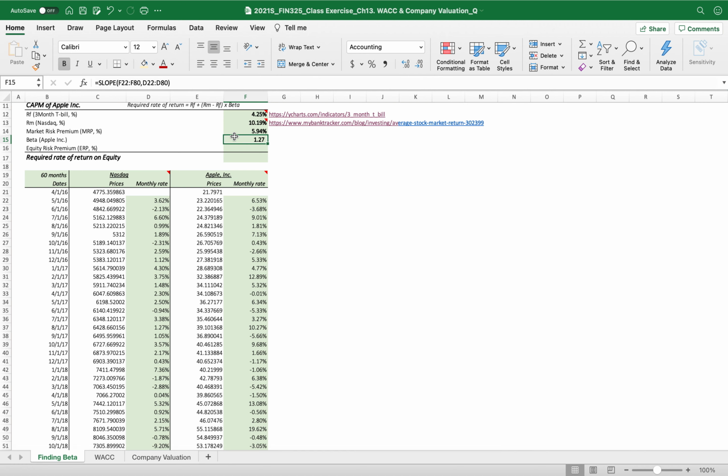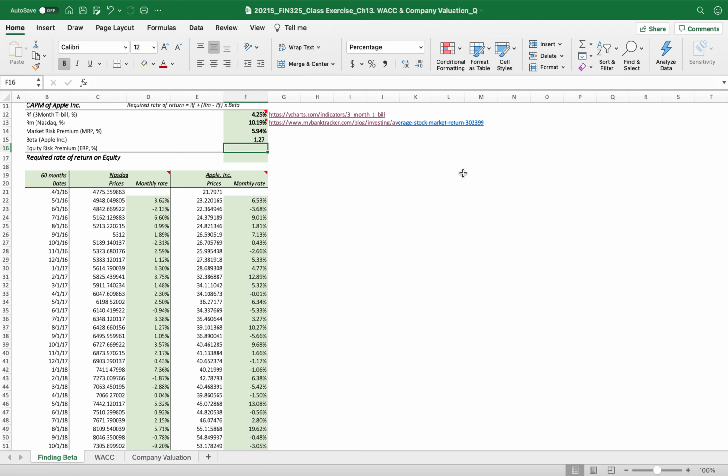This 1.27 is the sensitivity of the Apple stock to the Nasdaq market. When the market increases 10%, the Apple stock increases 12.7%, for example.